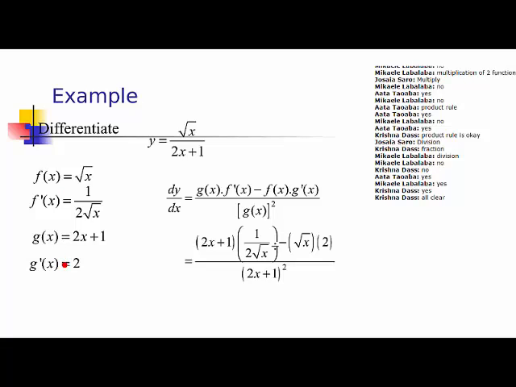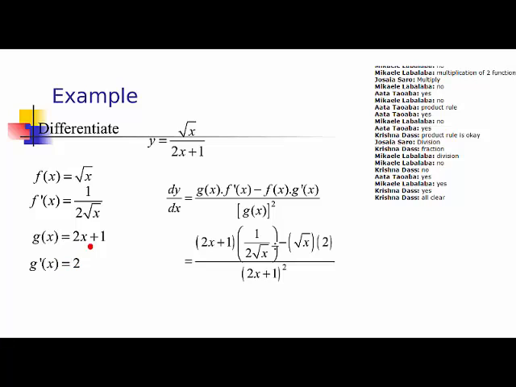We just saw that if we have root of x, then if we differentiate that, it should give us 1 over 2 root of x. I assume that you don't have a problem with this now because we just saw step by step how it's been solved. And then for gx, we have 2x plus 1. So g dash of x is 2.